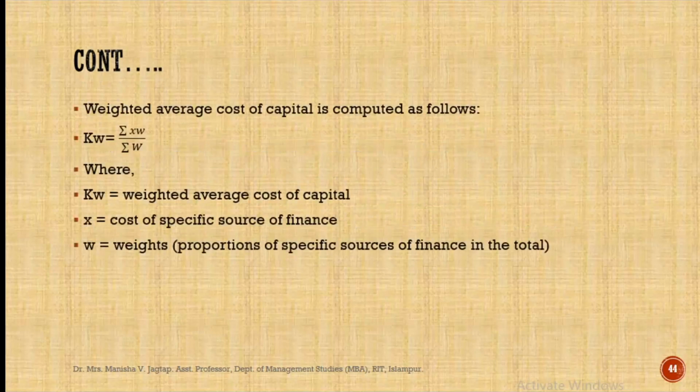Now the next is the formula. This is the formula used for computing weighted average cost of capital. Here, KW is the weighted average cost of capital, X represents the cost of a specific source of finance, and W is the weight, that is, the proportion of a specific source of finance in the total.